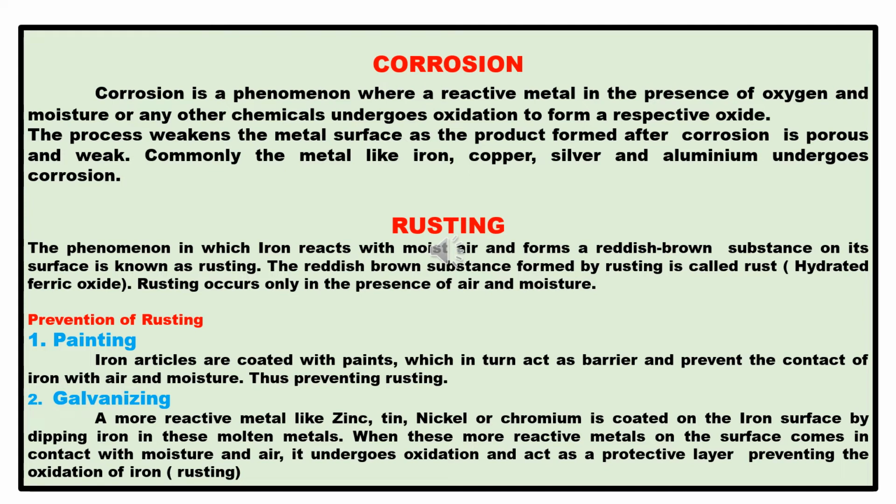Why do we call it corrosion? Because the process weakens the metal surfaces, as the product formed after corrosion is porous and weak. So if there is an oxide coating, an oxide layer on a metal, that oxide layer makes the metal weak and porous.